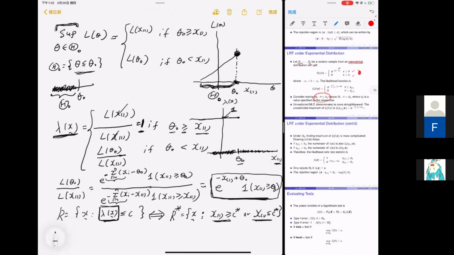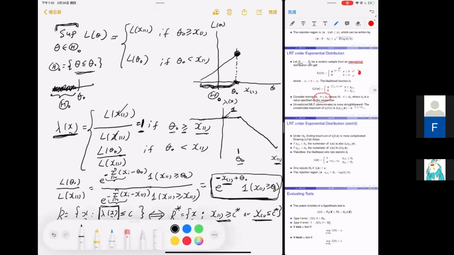Then ask yourself, is this guy an increasing or decreasing function of x1? Okay, because there's the minus term right here, the whole thing actually is what? A decreasing function of x1. It's okay. Right now I want to take this out.